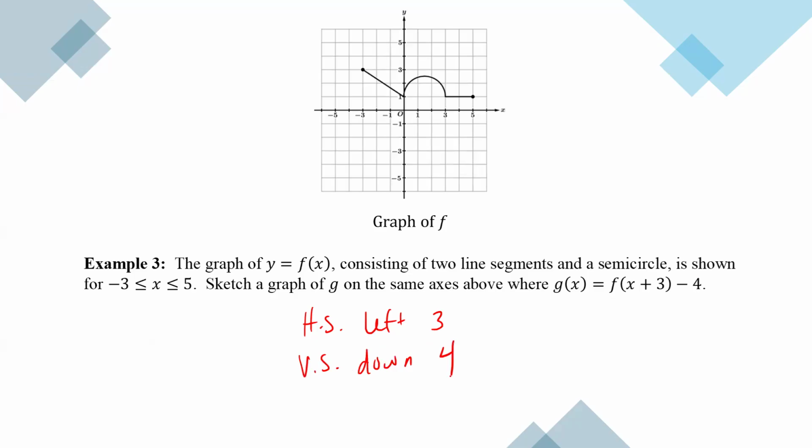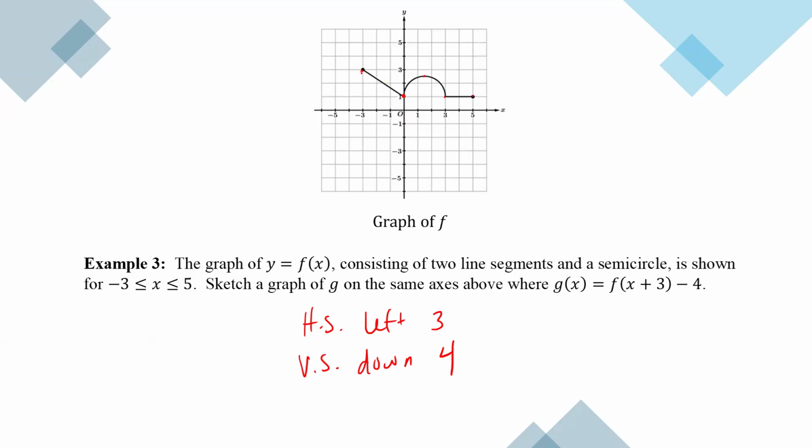Make sense? All right. So we're going to take some key points and we're just going to move those key points. Does that make sense? So I'm going to move the point at -3, the point at 0, the point at 3, and the point at 5, following the rules that we just said. Okay, so I need to go left 3 and down 4.